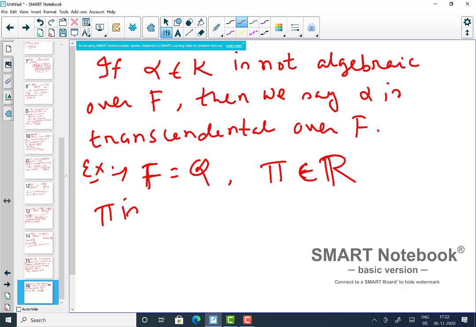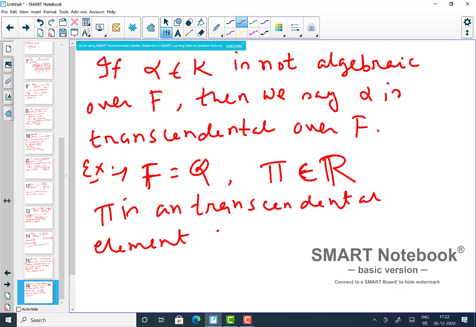So pi is a transcendental element over Q. In fact, the elements of R which are not algebraic are also called transcendental numbers. Yes, so this is an example.